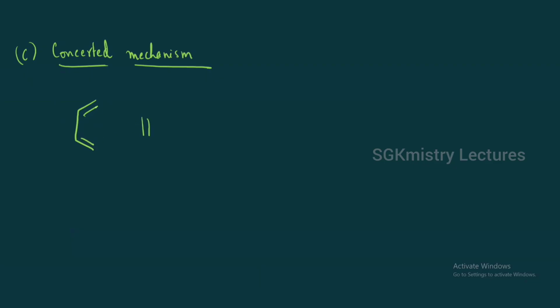Now this comes and attacks here, and this shifts here, right? Let me also take the substituents, R and R dash. So we have the final product, with a double bond here, and R and R dash here, right? Here also cis addition takes place in this particular case. And in case of cyclic dienes, two cis additions, that is exo as well as endo, are also possible.